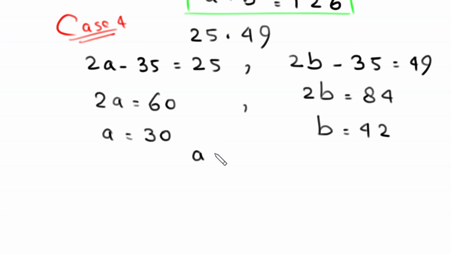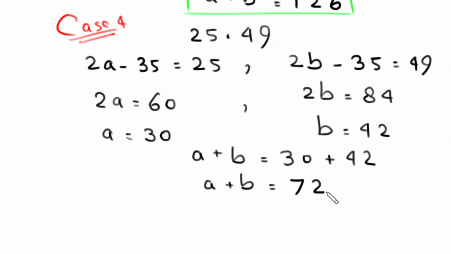It means that a plus b will be equal to 30 plus 42, which is 72. So from this fourth case, we get the fourth solution, a plus b equal to 72.